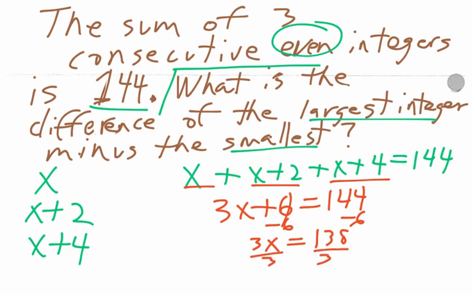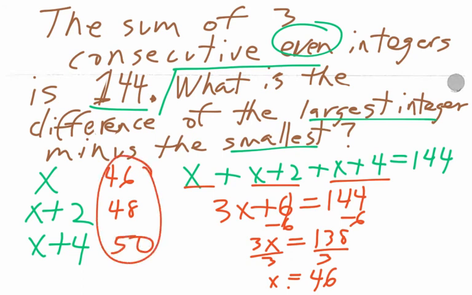Divide by 3. x equals 46, right? So the first integer is 46, the second integer is 48, and the third integer is 50. Let's check it to make sure. If you add these up in your calculator, you do get 144.